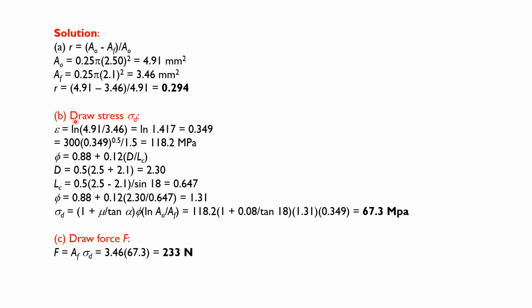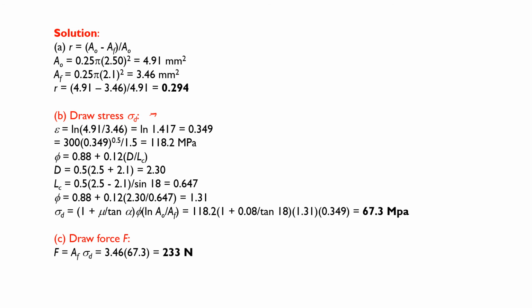So the B question wants us to calculate the draw stress for this operation. Okay, so the question doesn't say that it is a homogeneous or no friction process. So you have to use the equation given by Shey, where we have to assume that there is friction in the process.